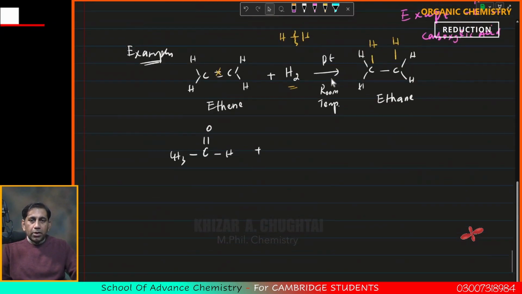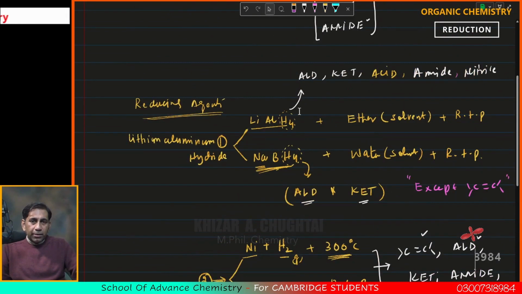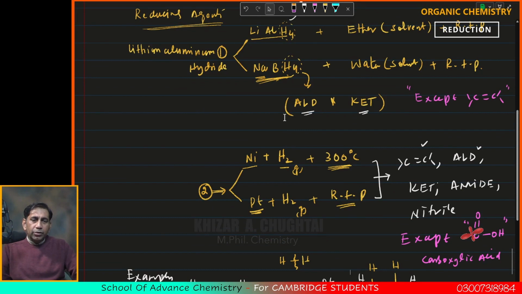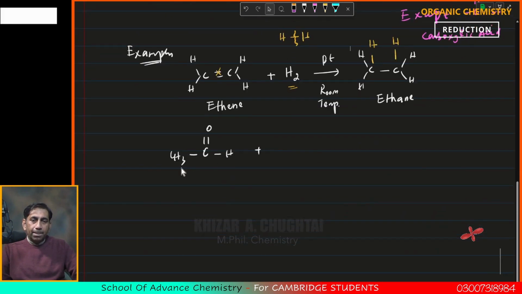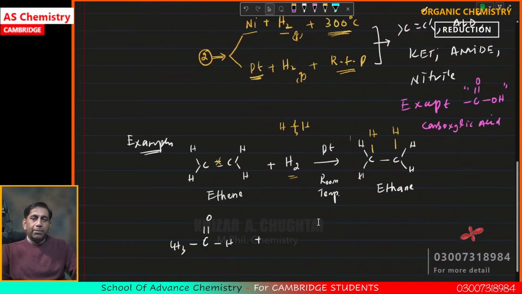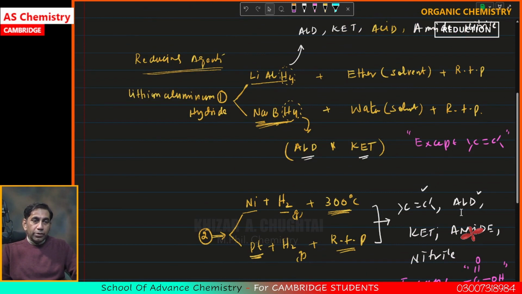So, yes. Now, can I use lithium aluminum hydride? Okay, can I use sodium borohydride? Yes. It's also aldehyde and ketones. It's an aldehyde, right? And all four options can be used, because these two can also reduce aldehyde.